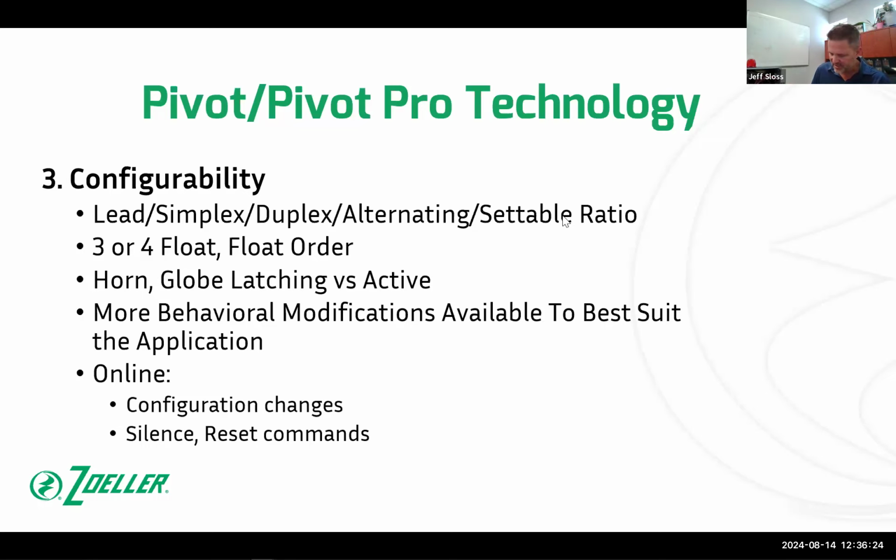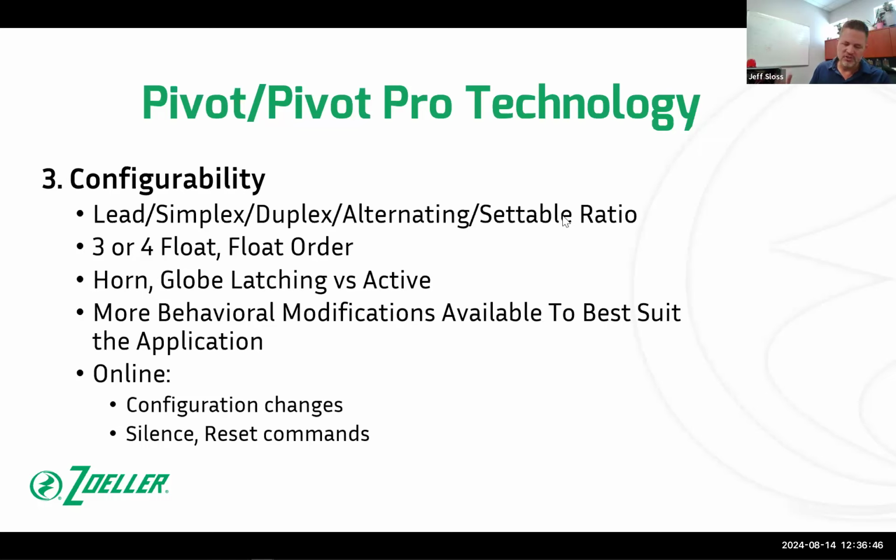Dormancy kills pumps. So we thought, let's give you not just a way to do lead lag, but let's do it usefully where you can include an exercise cycle for that second pump. So by default, all panels come as a 1-to-1 ratio, but you can change that ratio to whatever you want.